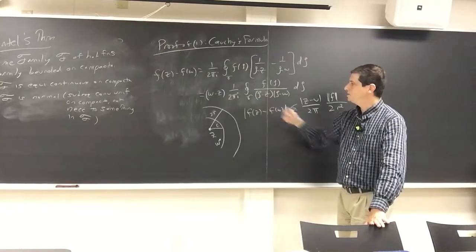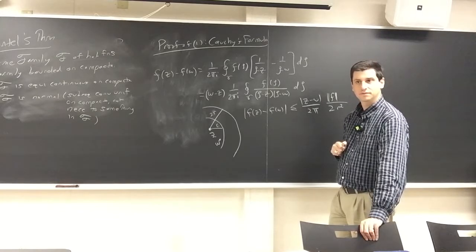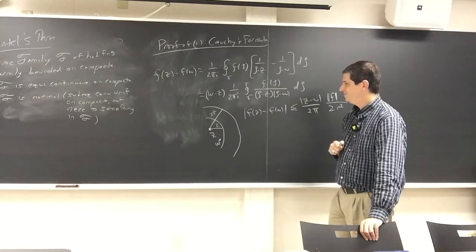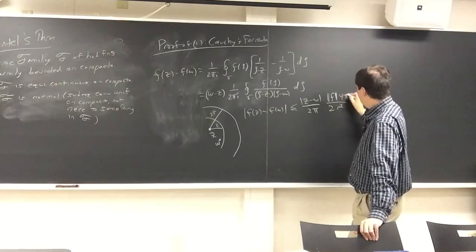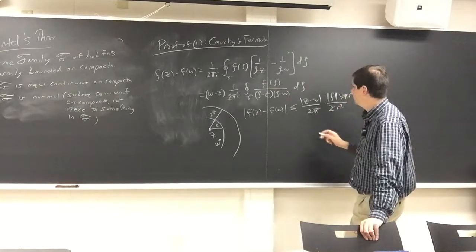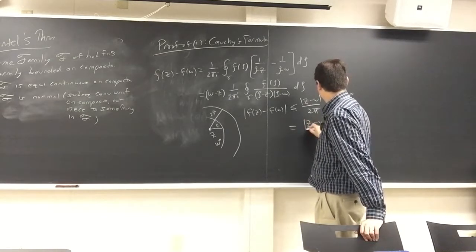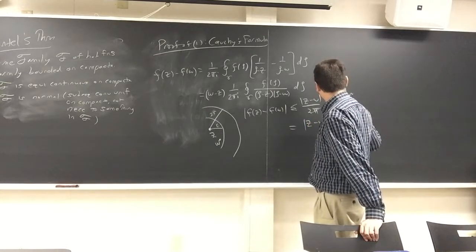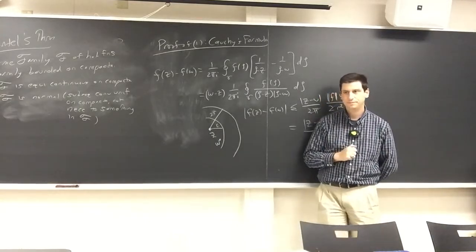And then what's the perimeter of gamma? 4 pi r. So the 4 pi will cancel with the 2 pi and the 2. The r cancels with the r squared. And this is going to be the absolute value of z minus w times the maximum value of f divided by r.